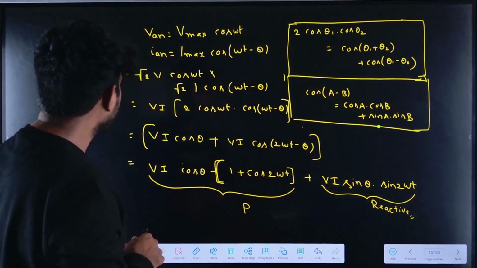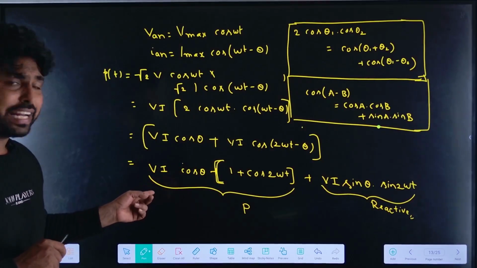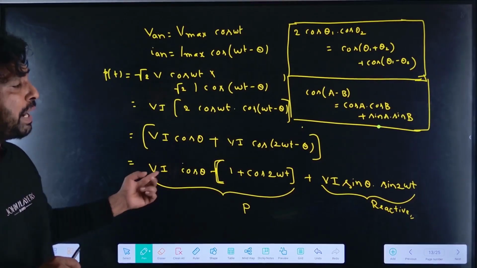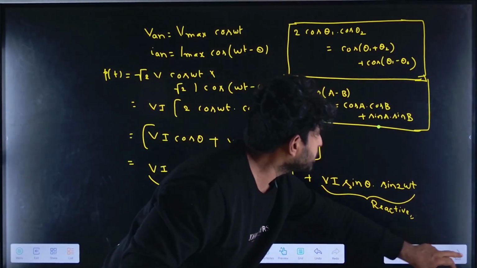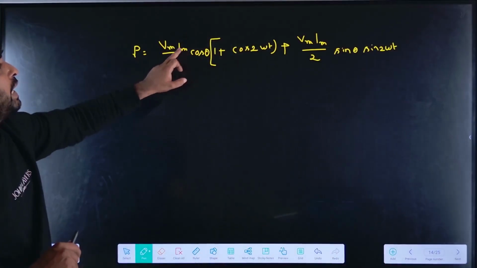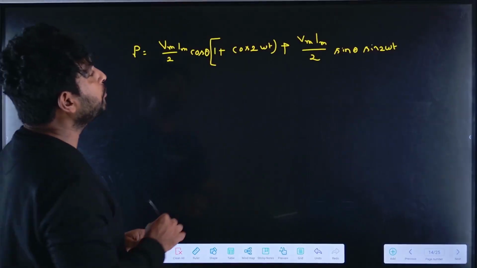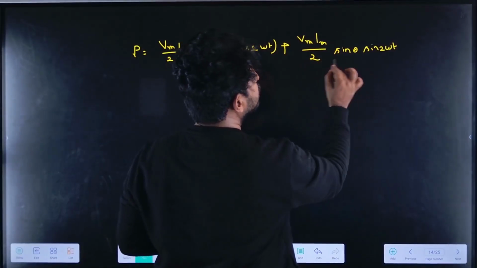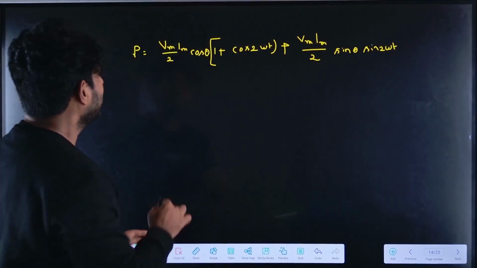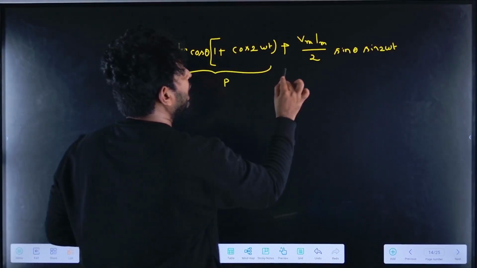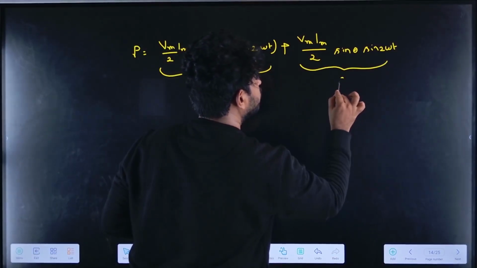VI can be written as Vm by root 2 and Im by root 2, which is Vm Im by 2. So the similar expression is Vm Im by 2 into cos theta into 1 plus cos 2 omega t, plus Vm Im by 2 into sin theta into sin 2 omega t, which are the active power component and the reactive power component.